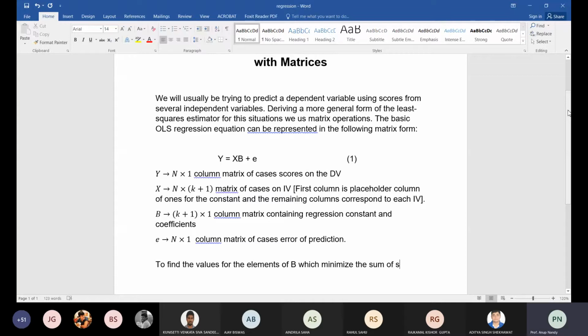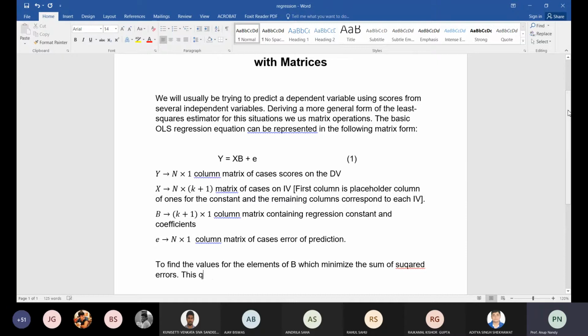Why we are taking the sum of square error, we have already explained.